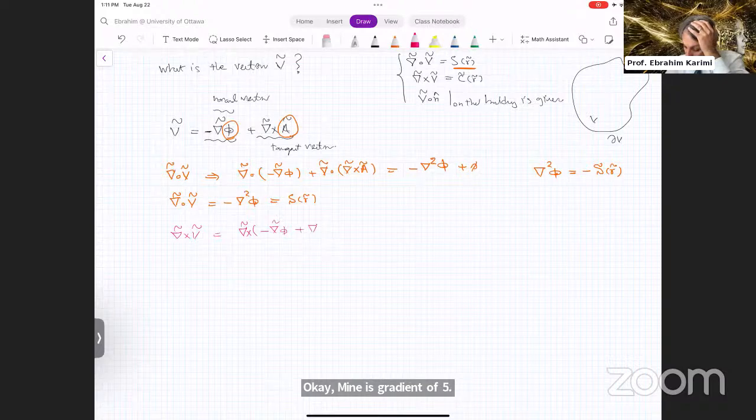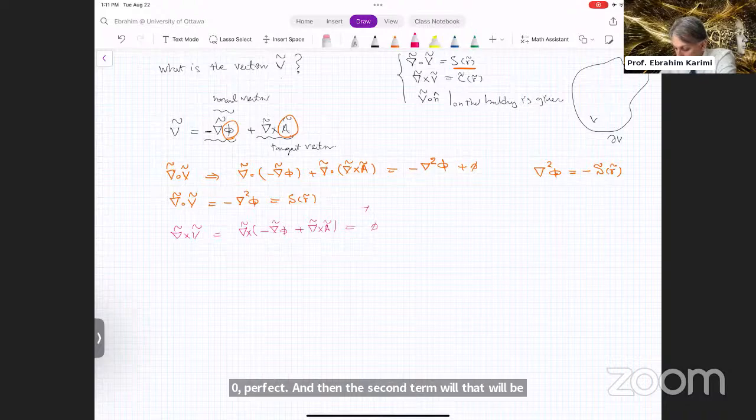Plus curl of A. Curl of a gradient is zero, perfect. So the first term will be 0, because that is a curl of minus gradient of phi, which is equal to 0.